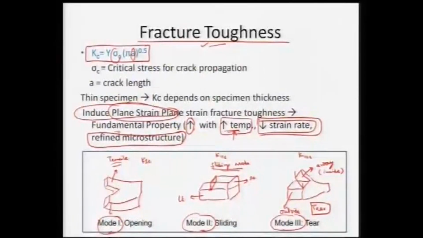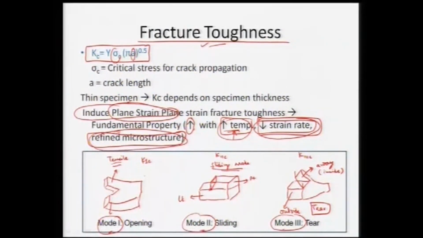The third case is the refined microstructure. As we talked about, once you have a nanograin material, it can provide enhanced strength, as well as accommodate much more strain into the material. So, in turn it can provide very high fracture toughness to the material. So, we can see that fracture toughness is a fundamental property. It will increase as we increase the temperature, or with decreasing strain rate, or when we have a very refined microstructure.